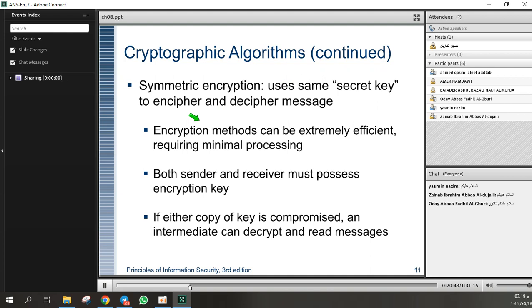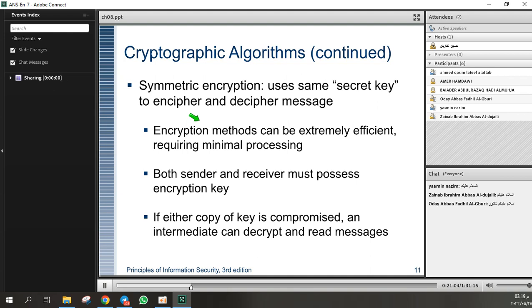As a sender, I am encrypting the message with a key, and the receiver on the other side would decrypt the text with the same secret key.